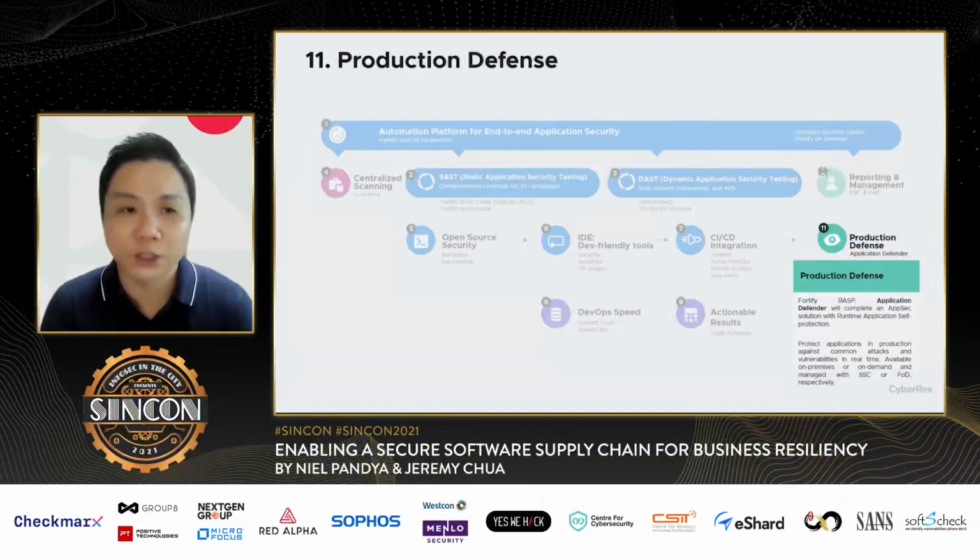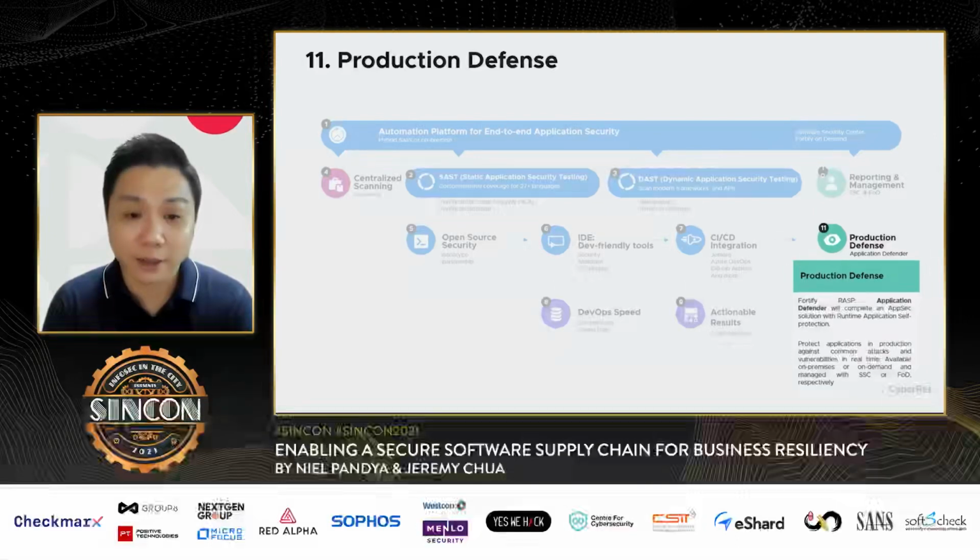Moving to production, we integrate with runtime application self-protection, which provides an agent installed on the application server. It instruments the application, and by instrumenting the application, it understands certain context of the application. So it is not like a web application firewall, which inspects the packets that come into the network, for example, through HTTP or HTTPS. Runtime application self-protection scans the data that is coming directly into the application because it instruments it.